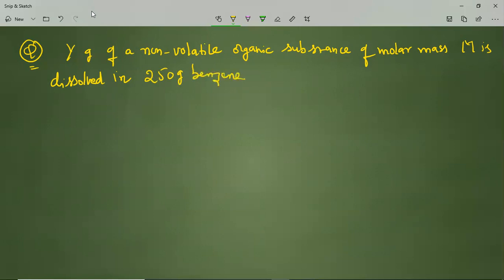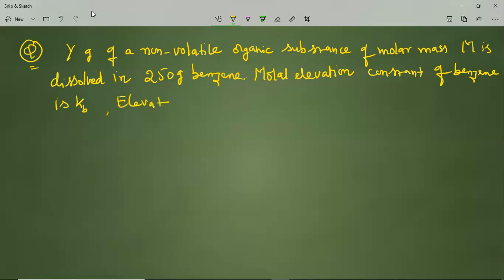So you know that benzene is the solvent. The molar elevation constant, nothing but the ebullioscopic constant of benzene, is Kb, and the elevation in its boiling point is given by the options here.